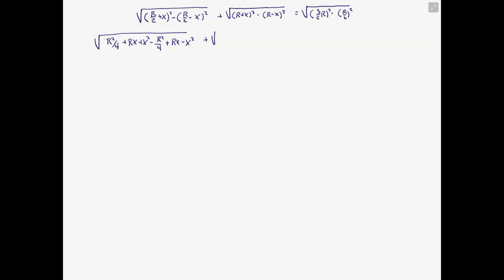For example, in the first square root, x squared cancels out, as well as r squared over 4, that cancels out. But the rx is additive, so we have 2rx there. So things will simplify once we expand these out. And that's what we're doing now.